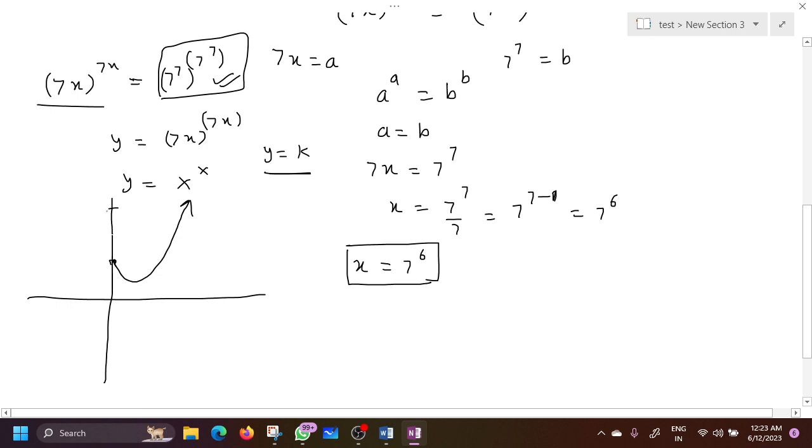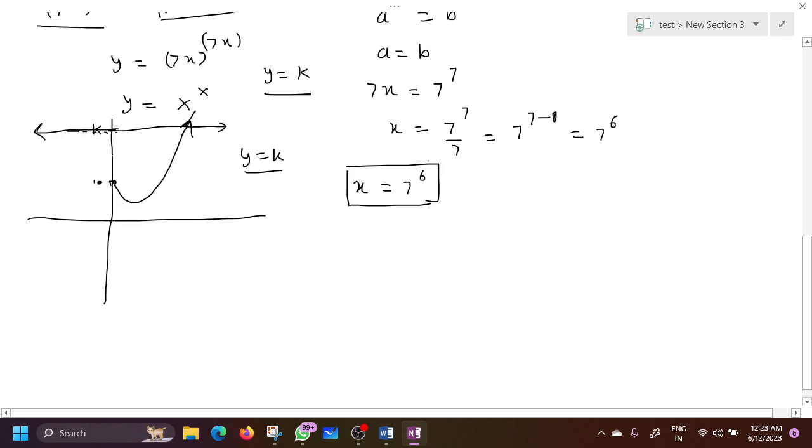Actually it is very far away from this point, because 7 to the power 7 to the power 7 is a very big number. So you have to go too far from this point 1, and suppose it is here on the graph. So y is equal to k is here, and from here you have this line parallel to the x-axis, because all the equations of the form y is equal to k are parallel to the x-axis.